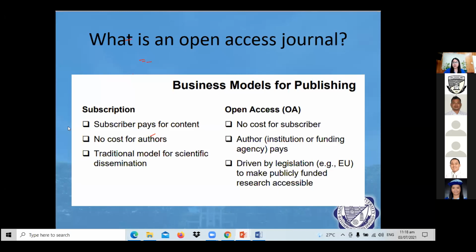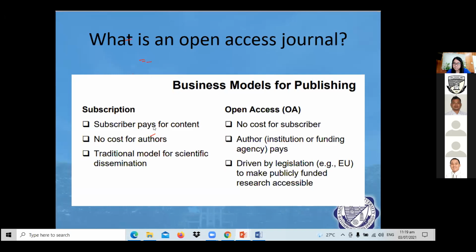So I have here business models for publishing, a comparison between subscription and open access, which I lifted from the presentation of one of the speakers in a webinar that I attended, the one entitled Choosing the Right Journal. For subscription, the subscriber pays for the content.